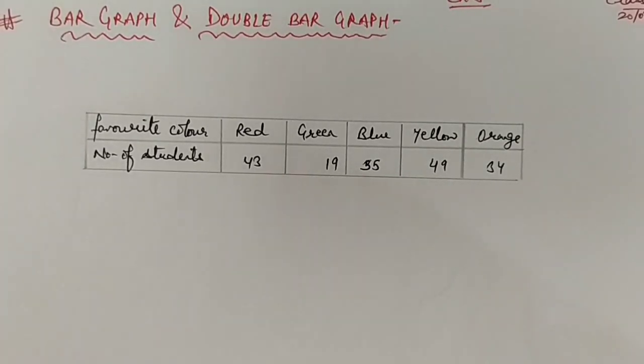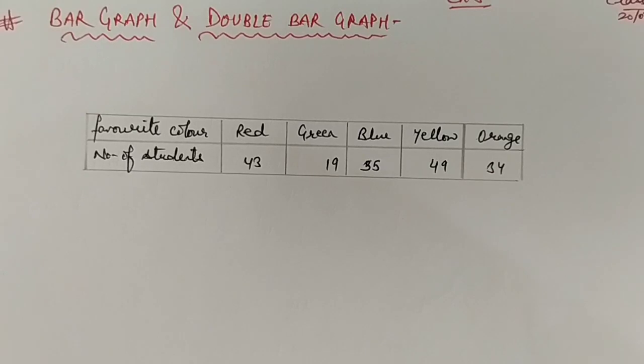So you get that data and then you want to represent it in the form of a bar graph. The bar graph is used to represent data so that inferences can be drawn more clearly, easily, conveniently and in a fast manner.